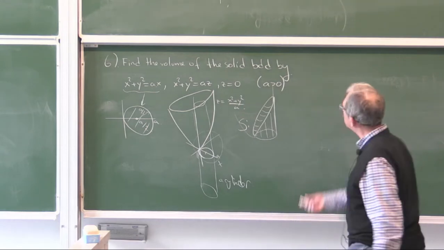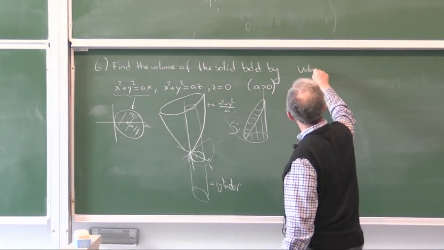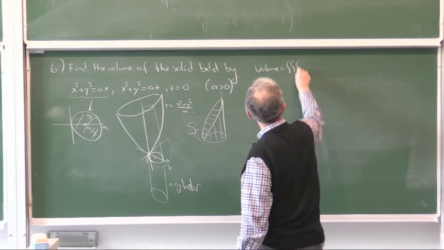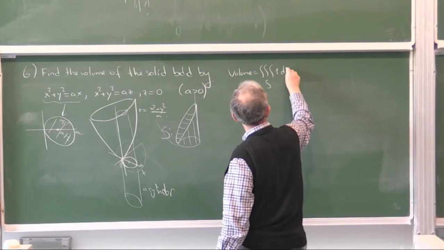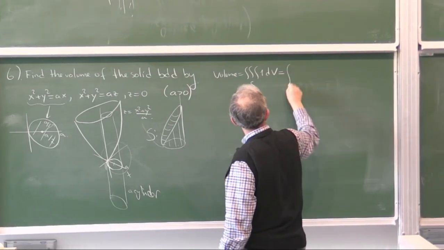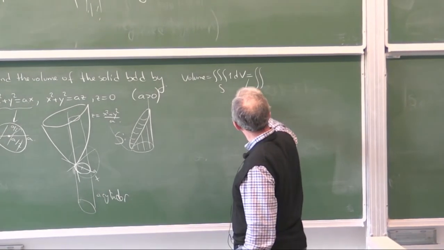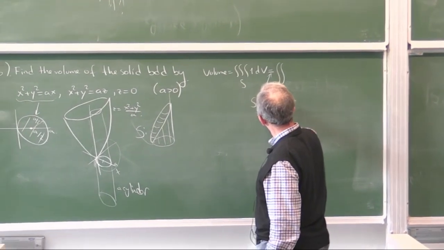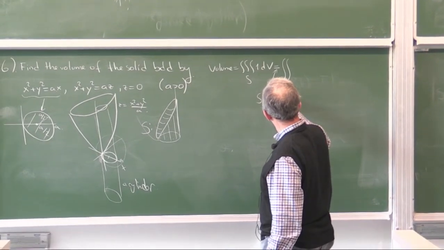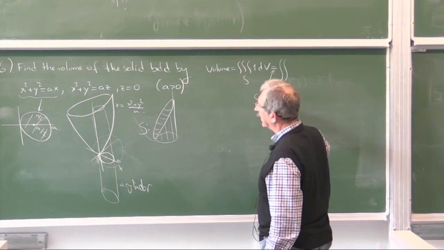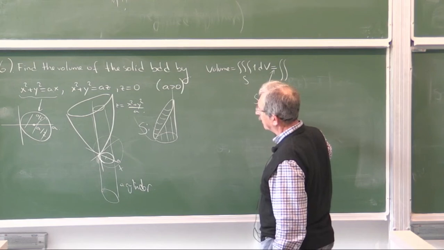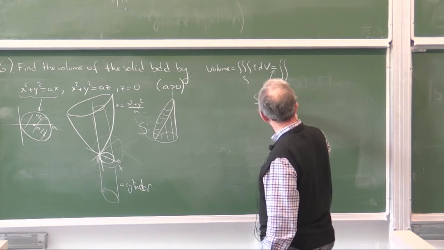So then, the volume in question would be the triple integral of 1, because we have a simple region with respect to z first.